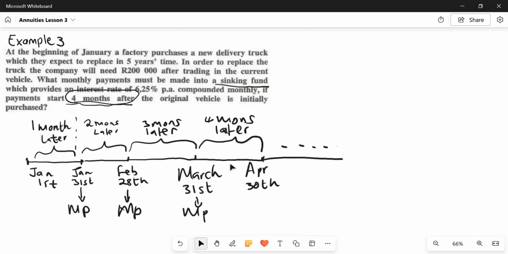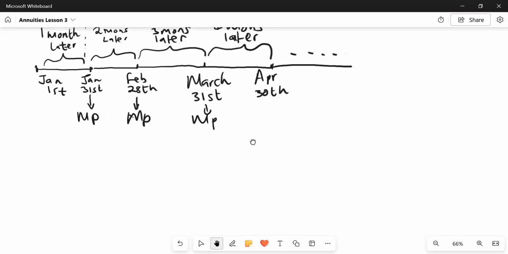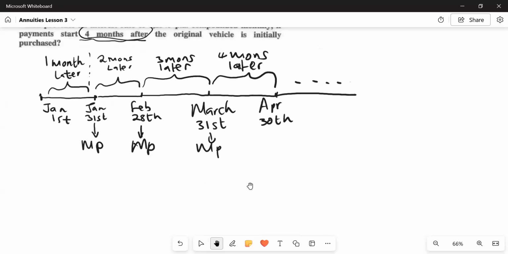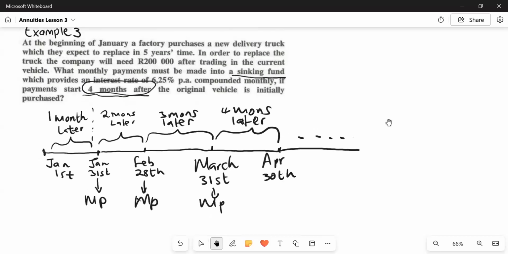So we have to actually get our sinking fund. We must calculate our sinking fund. So now how do we go about calculating our sinking fund, right? Okay, let's go back to n. Now let's try to get our n. 5 years' time, compounded monthly, right?